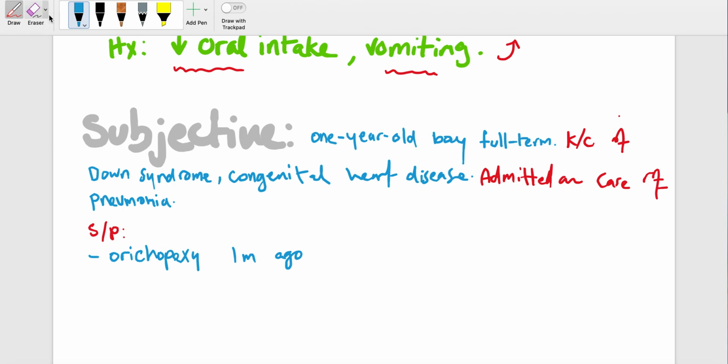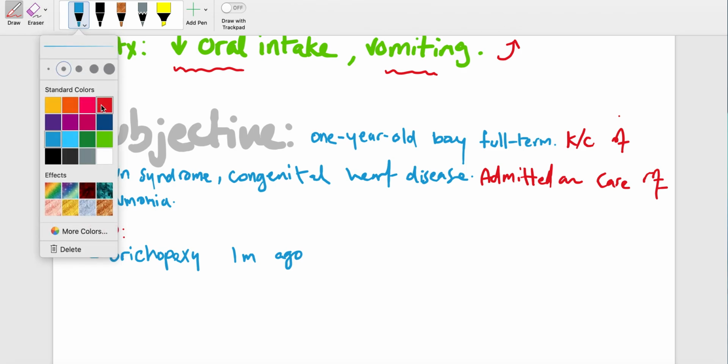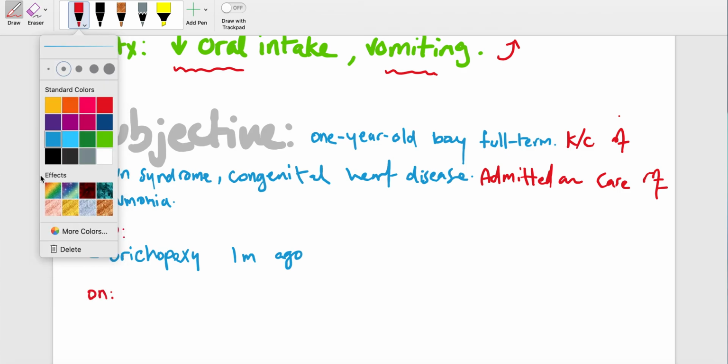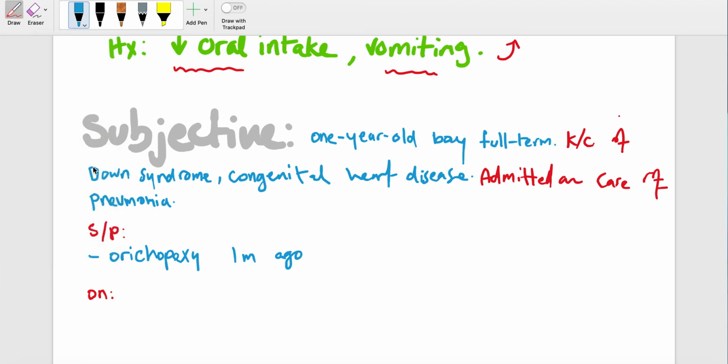And the last part is patient on, or you can write on directly, and here you will list all the medications your patient is on.